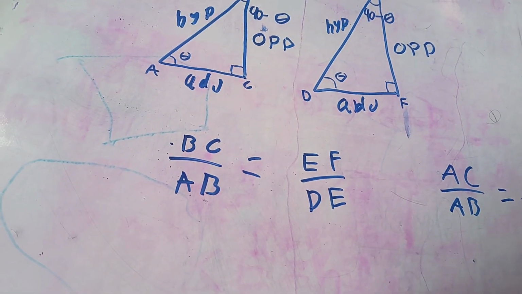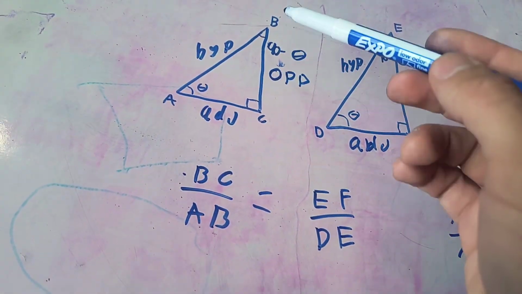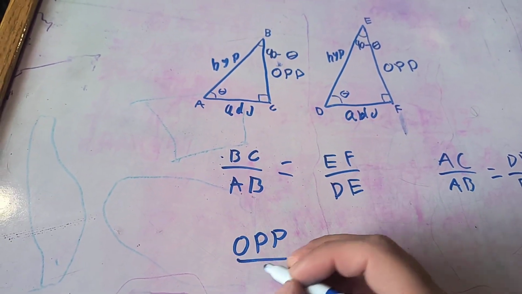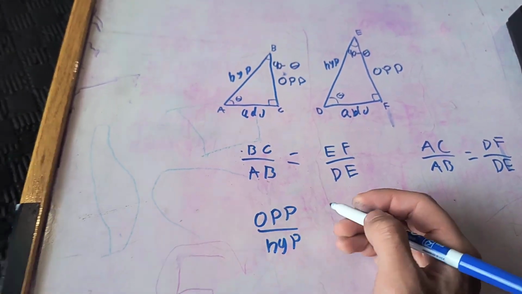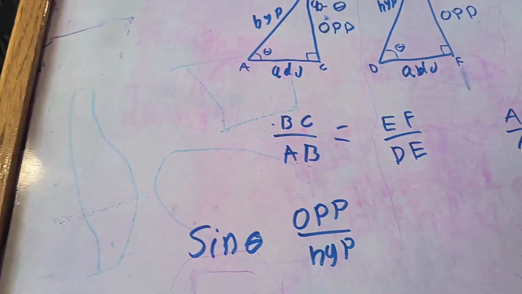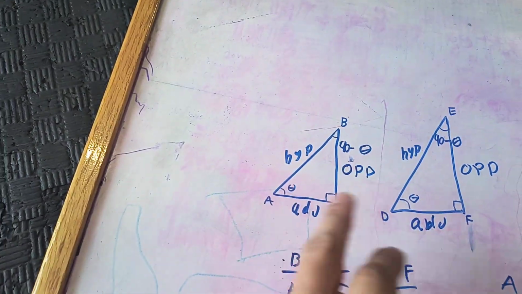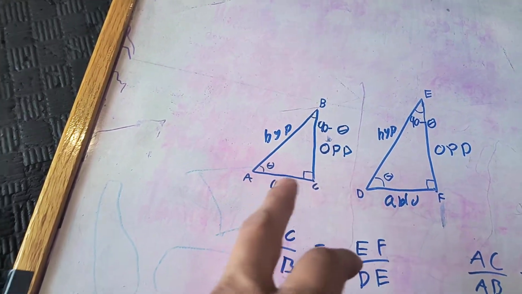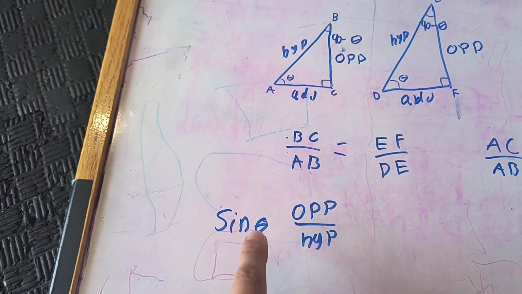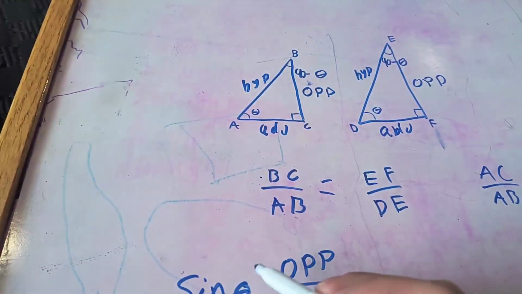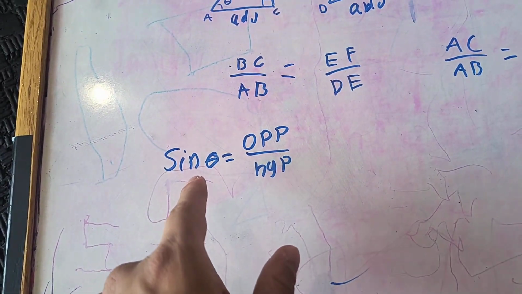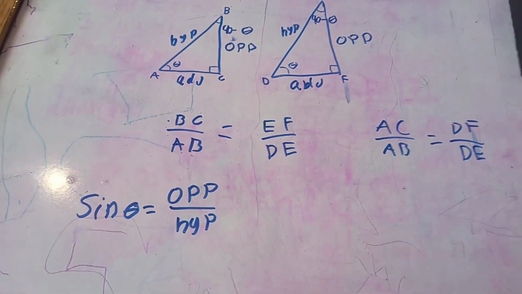If you take the ratio of the opposite side over the hypotenuse, we're going to call that sine of theta, because theta is used to recognize which side is opposite, which is hypotenuse, and which is adjacent. Opposite over hypotenuse is called sine.